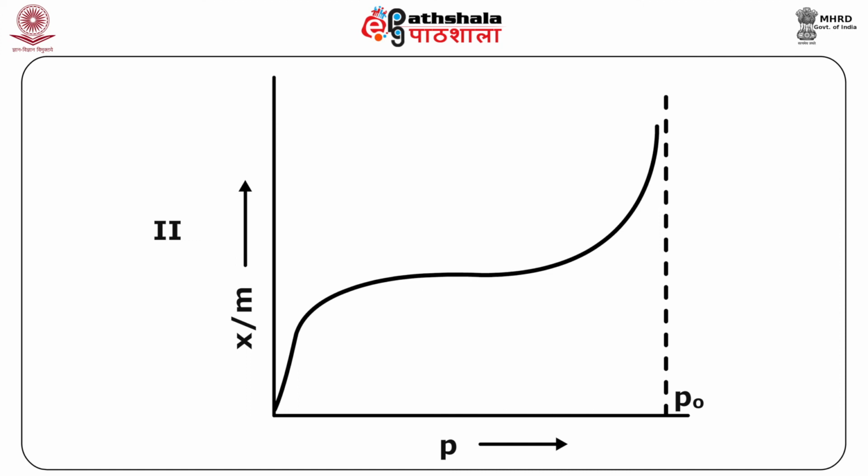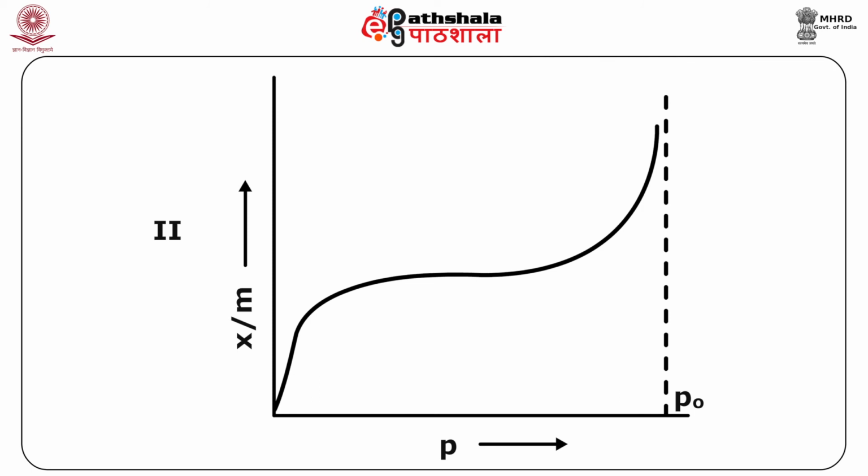This type of behavior is similar to type 1 adsorption isotherm, where the extent of adsorption increases with the increase in pressure till monolayer formation is complete. After the monolayer formation is complete, multilayer adsorption starts with the increase in the pressure. This type of behavior can be explained by van der Waals forces operating between the consecutive layers.